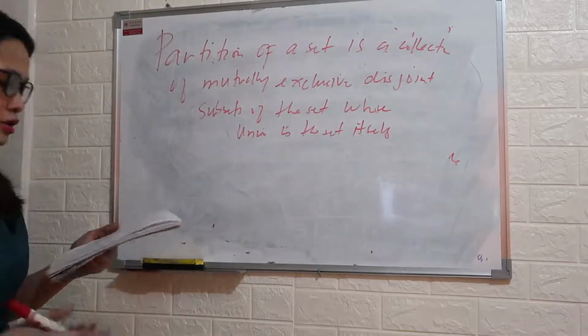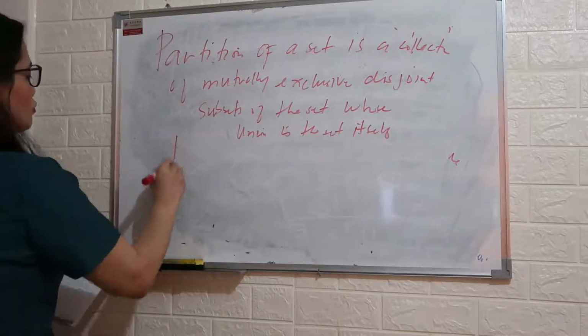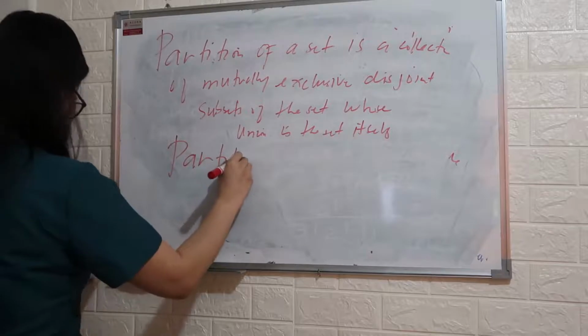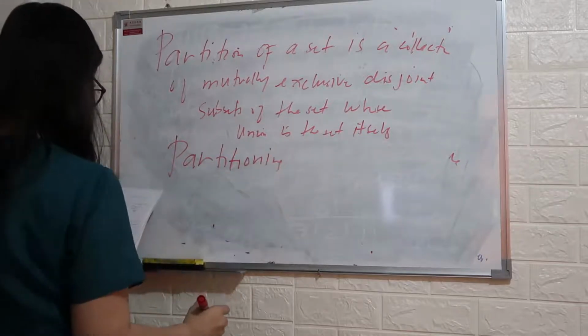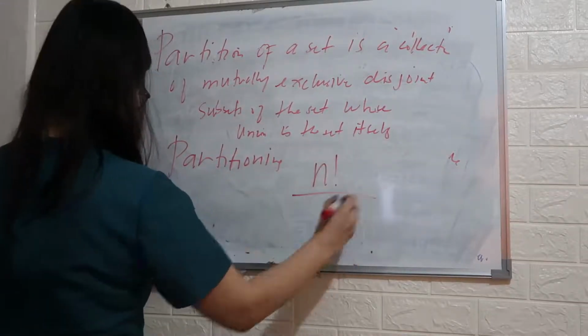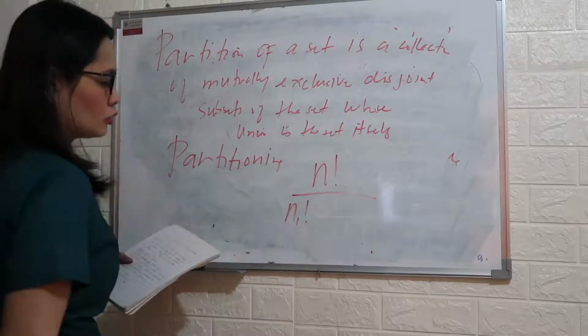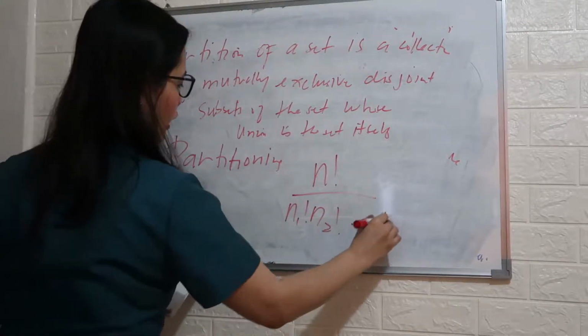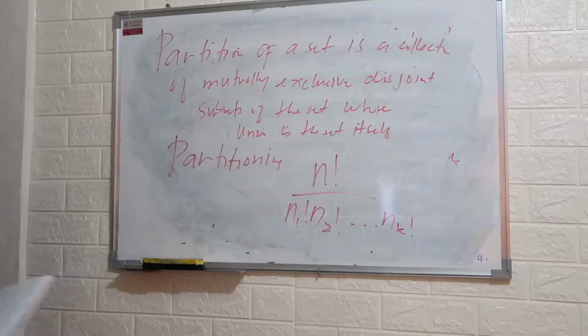Okay? So we do have a partitioning formula. So that will be n factorial over n sub 1 factorial, n sub 2 factorial up to n sub k factorial. So that is the partitioning formula.